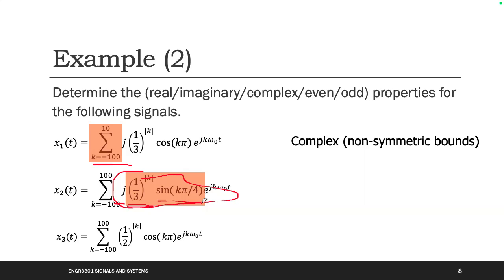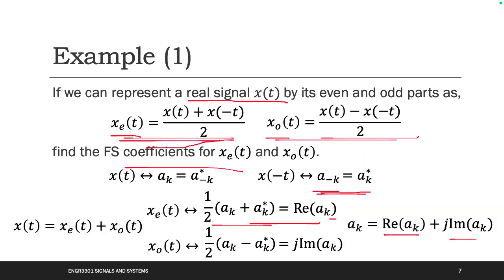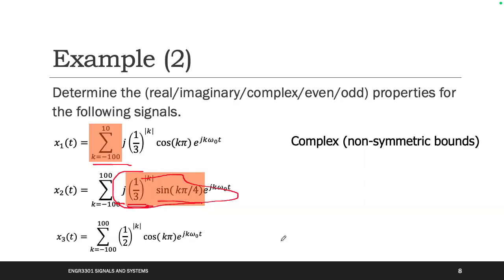What does that mean? Even means x(t) will equal x(-t). So this is odd, which means x(t) will equal negative x(-t). So it is odd, which means a_k is imaginary and odd.